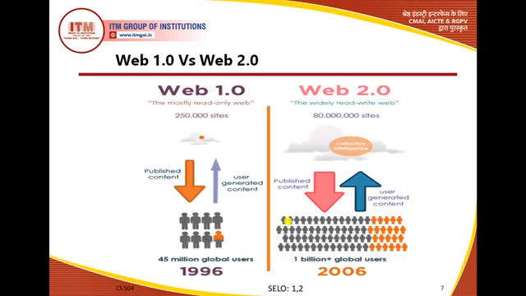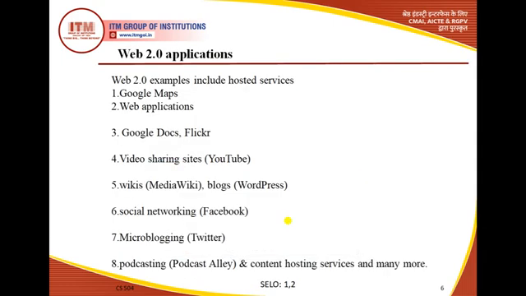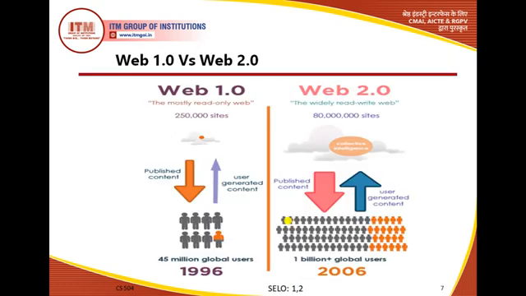Now we will see the differences between Web 1.0 and Web 2.0. It is very important that we know the basic difference between them. As the picture represents, this was the position of Web 1.0 in 1996, mostly a read-only web with 250,000 sites.